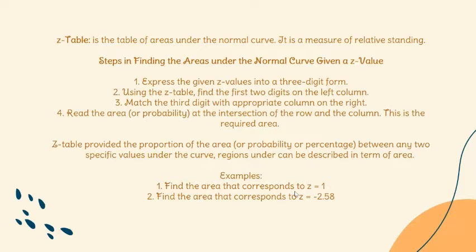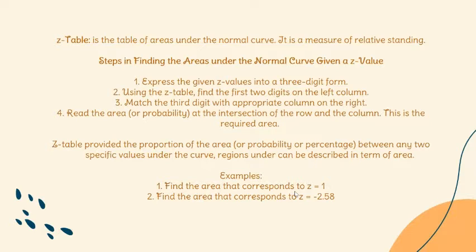First, express the given z value in three-digit form. Second, use the Z-table and find the first two digits in the left column. Third, match the third digit with the appropriate column on the right. Fourth, read the area or probability at the intersection of the row and the column. This will be your required area.